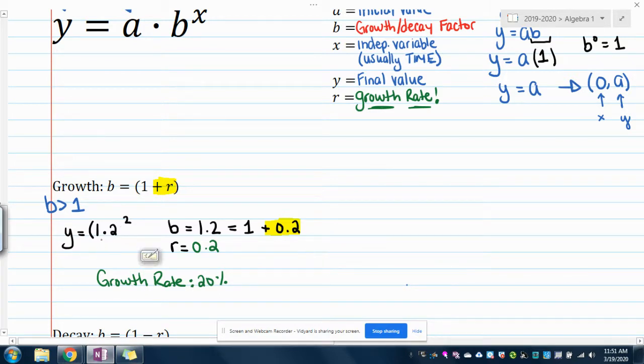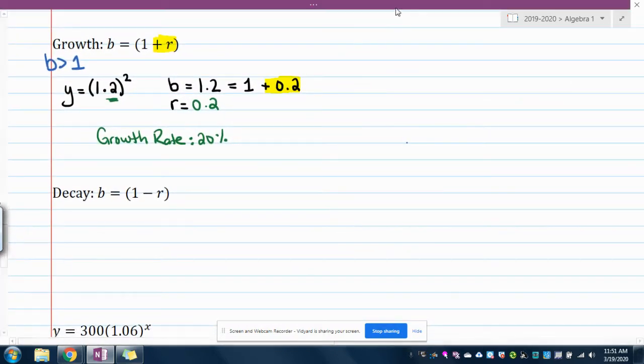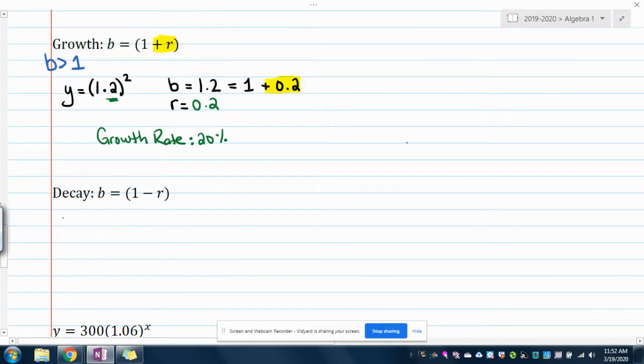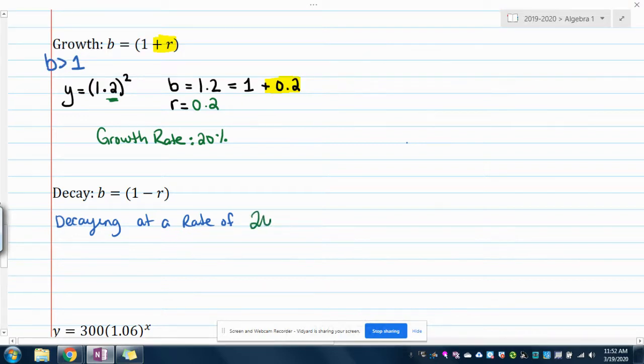So let's look at what it would look like for it to be decaying at a rate of 20%. If I want it to be decaying at a rate of 20%, then it has to be y equals 1 minus 0.2, right? Because 20% is equal to 0.2. We don't put percentages in formulas. We put them as decimals to the x power.